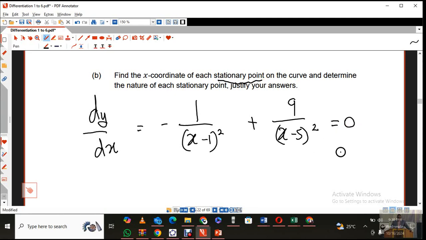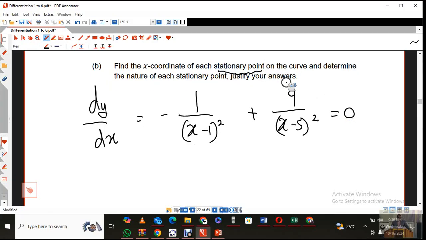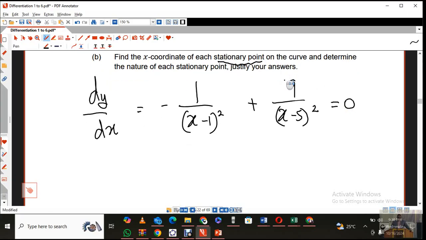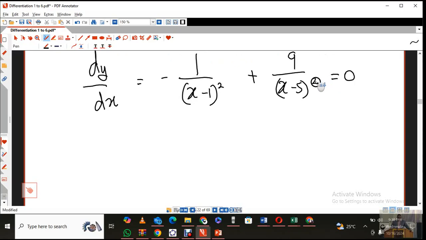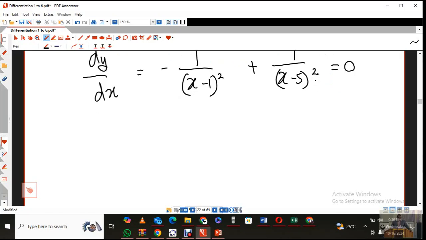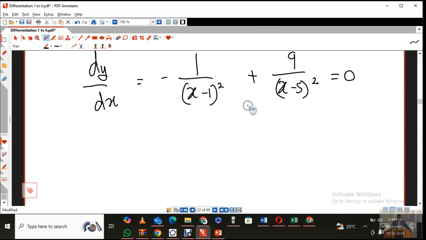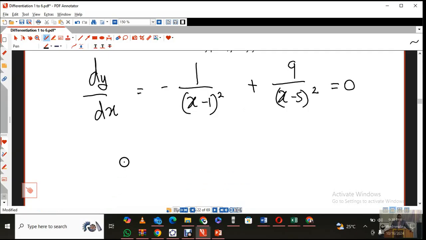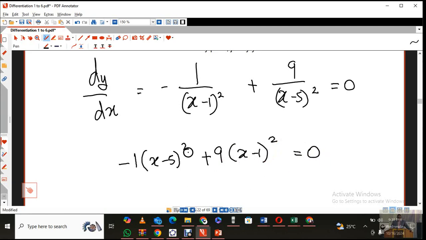Because we have to find the x-coordinate of each stationary point on a curve, then we'll determine the nature of that by looking at the second derivative. So this leaves us with equations of the form cross multiply kind of idea. We're going to have minus 1 times (x - 5) all squared plus 9 times (x - 1) all squared, and all this is going to equal 0. Okay.